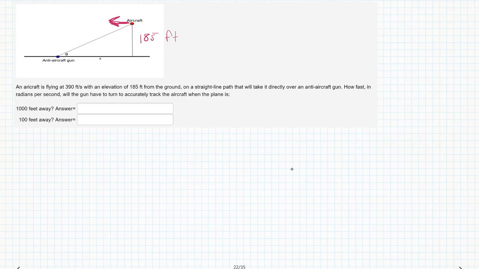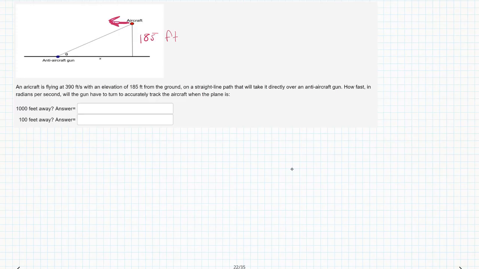So how fast in radians per second will the gun have to turn accurately to track the aircraft when the plane is 1,000 feet away? So you have this x. The real thing we want to do is set up a nice equation and use the information we have.